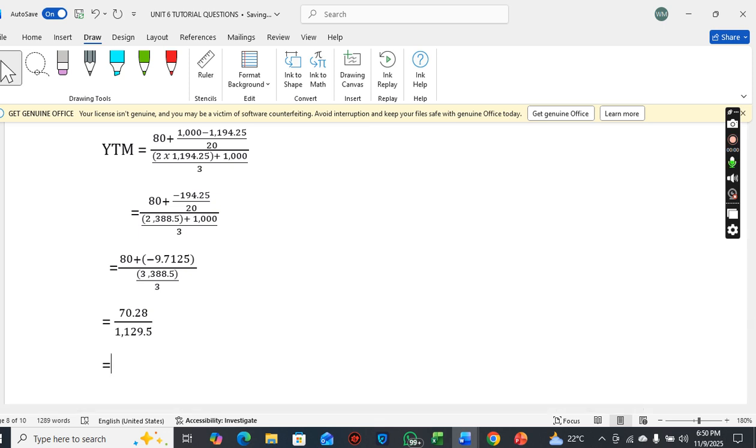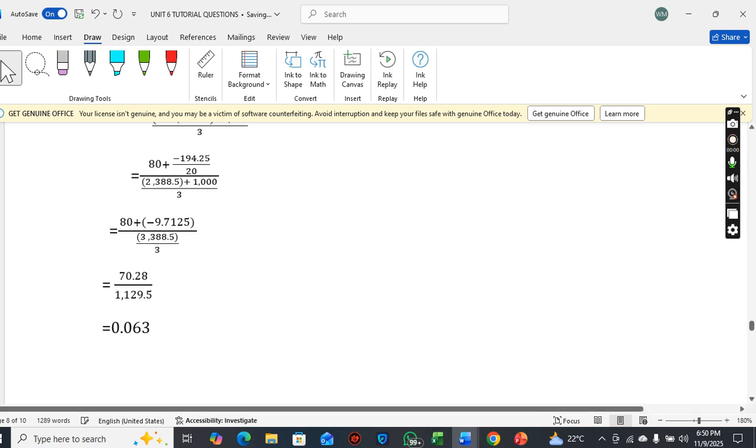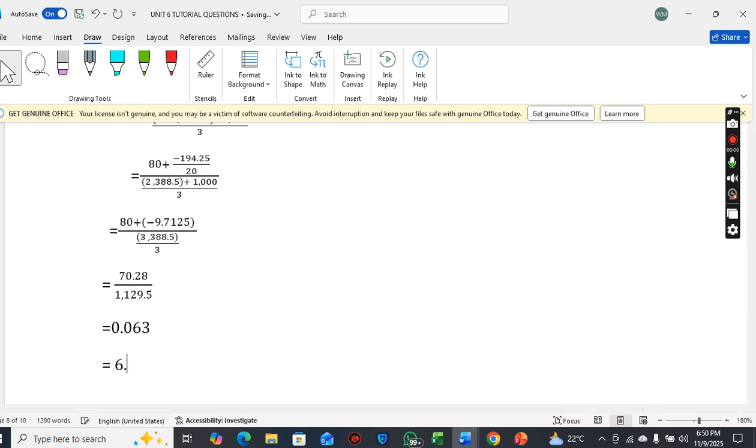So 70.28 divided by 1129.5, we get 0.063, which becomes 6.3%, or 6% as a whole number, just 6%.